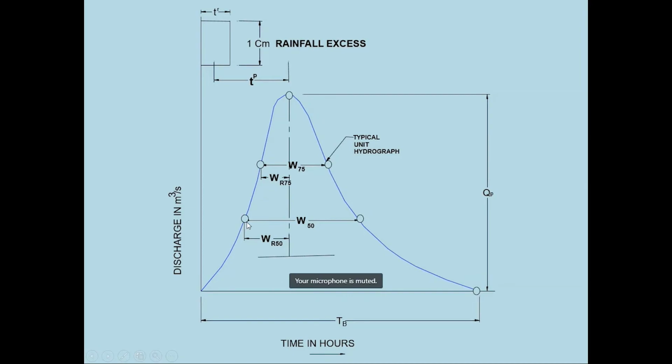So these 1, 2, 3, 4, 5, 6, I have these 6 points. On these 6 points, the curve can take many shapes. How will I know that the shape which I have given to this unit hydrograph is correct or not?